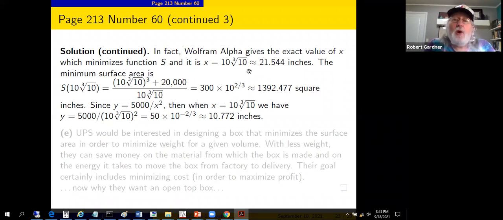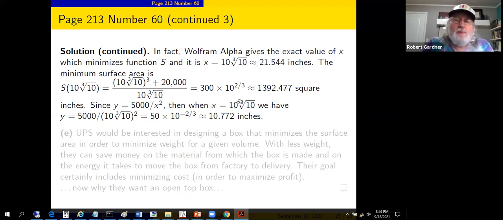They wanted to know, where does the minimum surface area occur? It occurs where x equals, well, this, 10 times the cube root of 10 inches. What is that minimum? Well, we'll take that value, plug it into the function S, which gives surface area, grind through the numbers, and produce something of this sort, approximately this amount here, 1,392.477 square inches is what we get for the surface area.